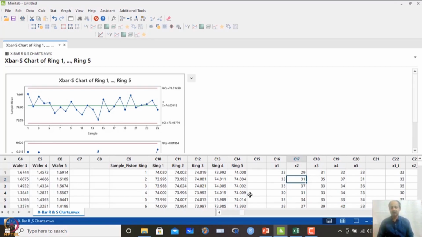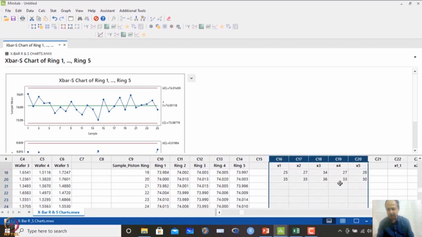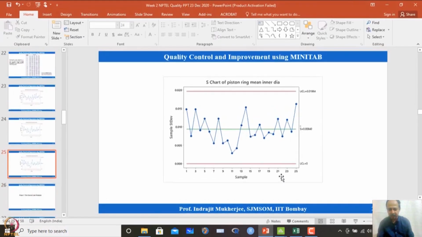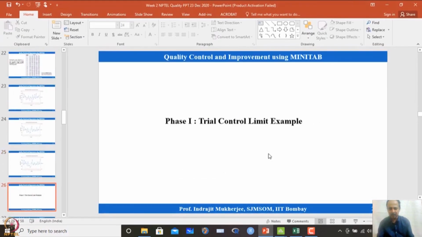So, one example again from Montgomery I have taken over here, C16 to C20, and we are trying to establish a trial control limit line. This is the overall objective: what the operator receives from the process engineers, or whoever is knowledgeable about control charts, is only an upper limit line, lower limit line and central line, and he will be asked to monitor the process like that.